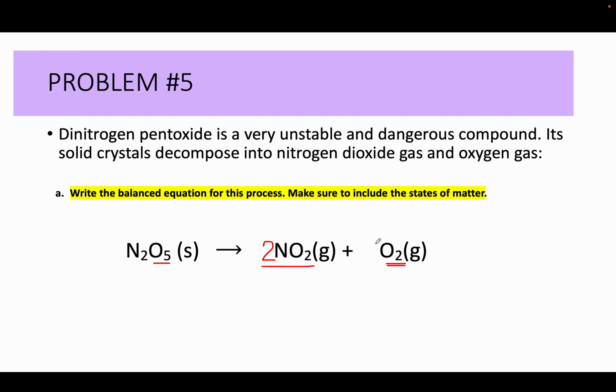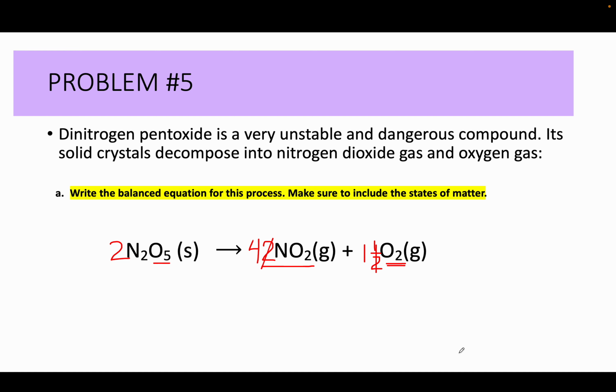With that, we only need 1 more oxygen atom, so we will put a coefficient of 1/2 on our elemental oxygen. In order for us not to have that fraction, we will go ahead and multiply everything by 2. So you'll end up with the coefficient of 2 on N2O5, coefficient of 4 on NO2, and a coefficient of 1 on oxygen gas.